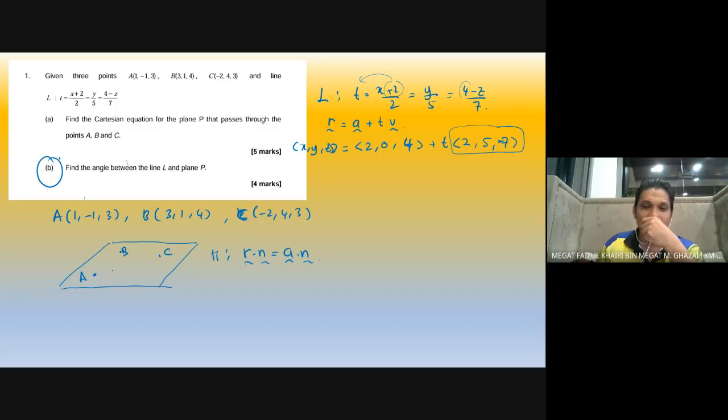A is one of the coordinates, either A, B, or C. To find the normal of this plane, imagine there is a coordinate O here. From origin O to A and A to B equals OB, so OA plus AB equal to OB. Then AB equal to OB minus OA.